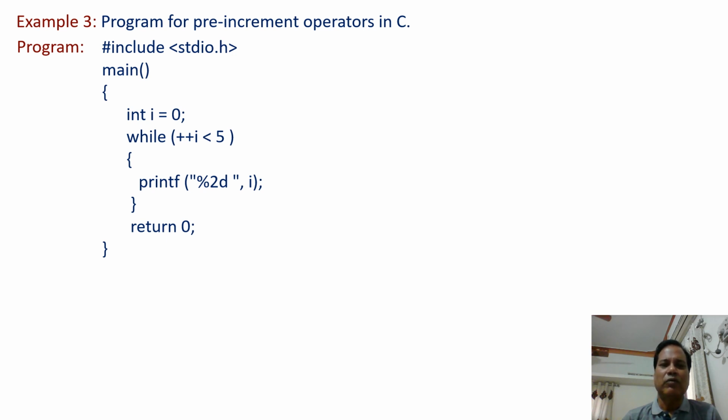So initially the value of i is incremented and then it is compared with 5. If it is less than 5, then the condition is true. When the condition is true, the body of the while loop is executed. So first time when the value of i is incremented, its value becomes 1 and 1 is less than 5.